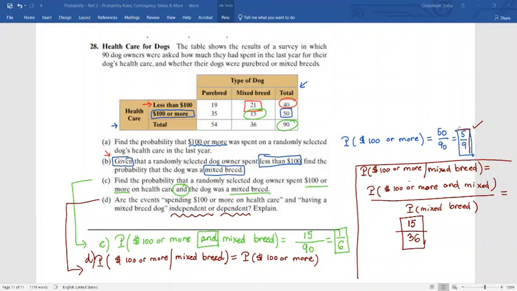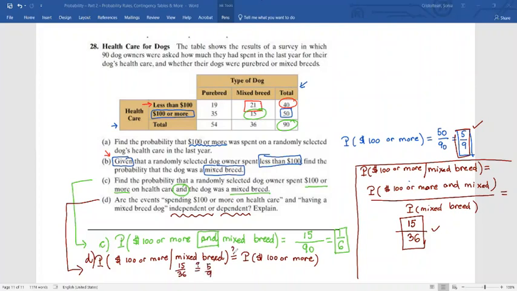5 over 9 is the answer to spending $100 or more. So coming back here, I want to know if these two are equal to each other or not. I have 15 over 36, and I put a question mark, 5 over 9.